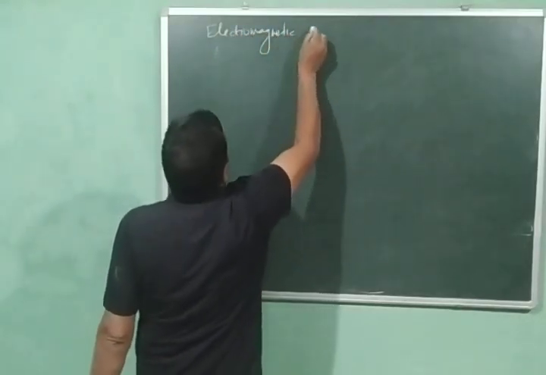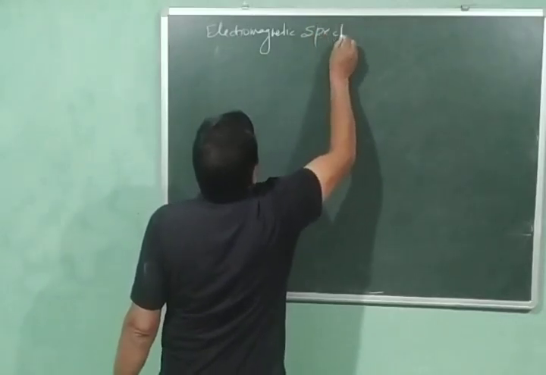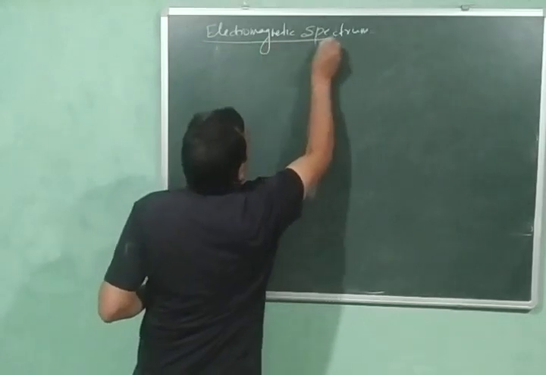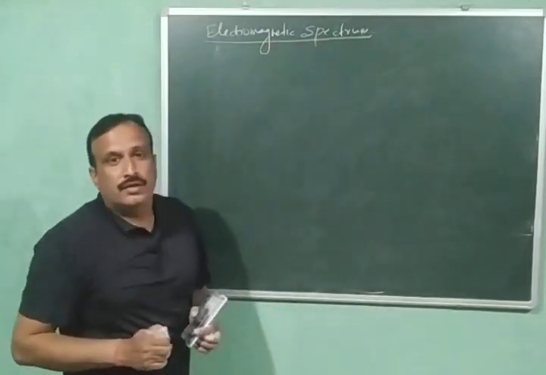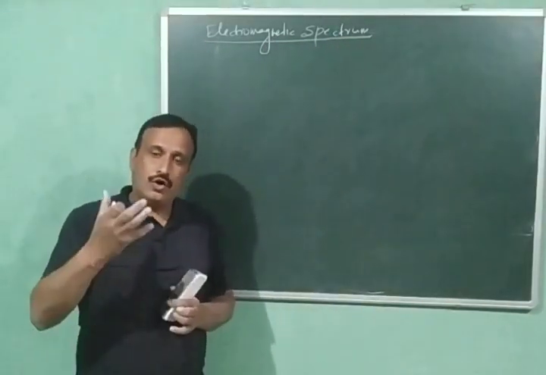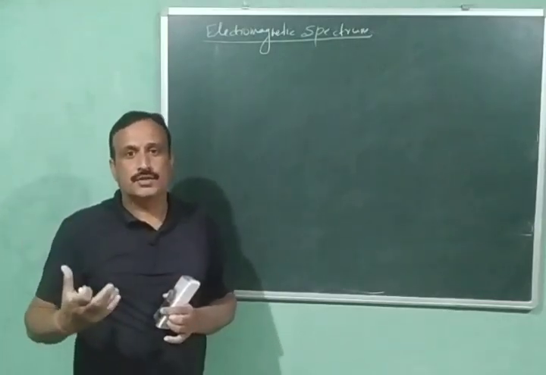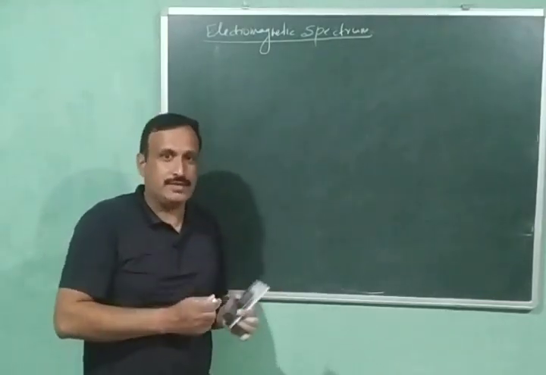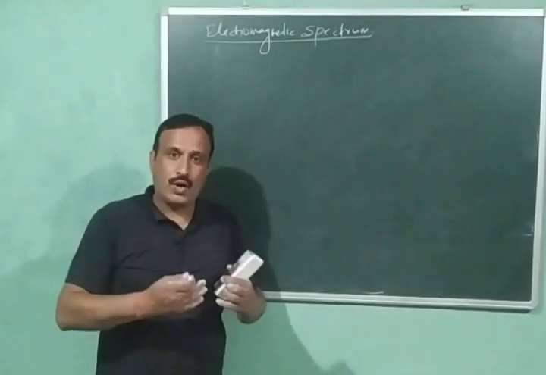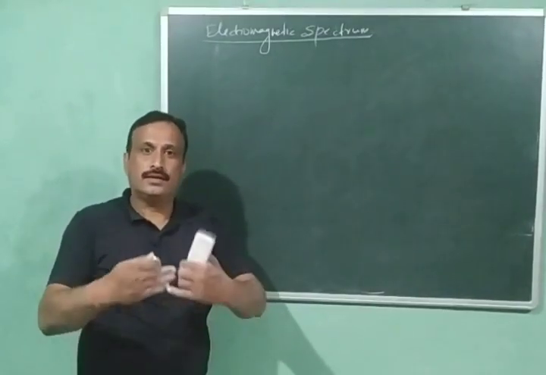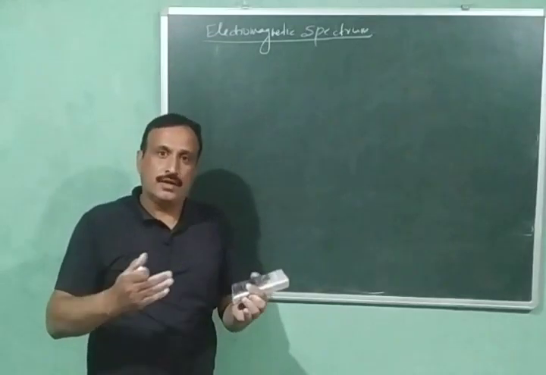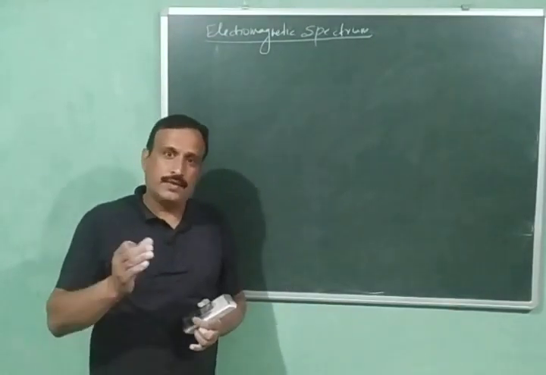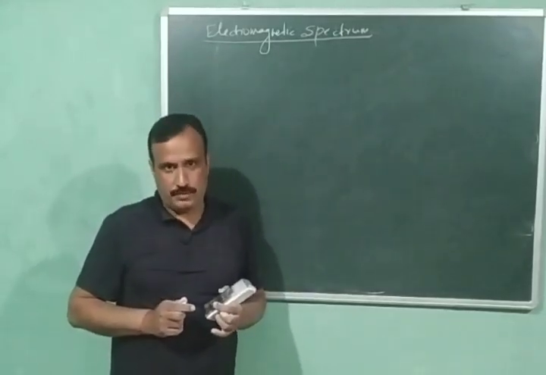So it is the arrangement of all electromagnetic radiations in the increasing order of wavelengths or decreasing order of frequency. When we arrange all the electromagnetic radiations in increasing order of wavelength or decreasing order of frequencies, then we will get the electromagnetic spectrum.